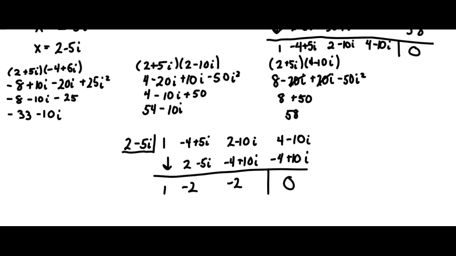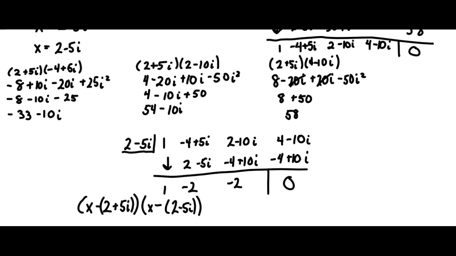And finally, we are left with x minus 2 plus 5i, the quantity. We have x minus 2 minus 5i.